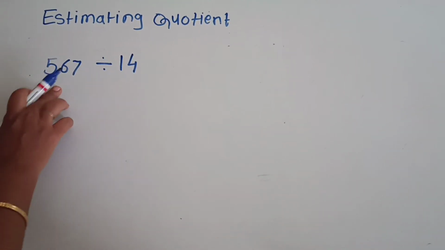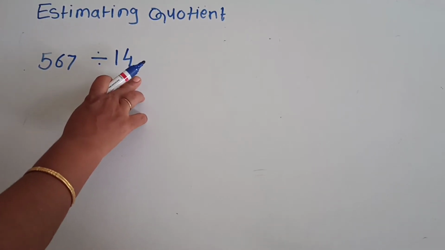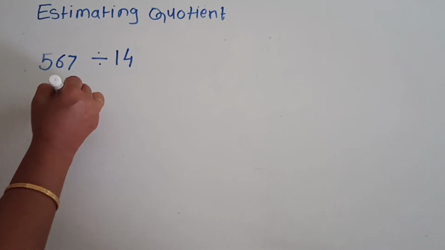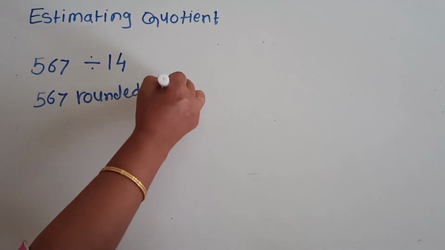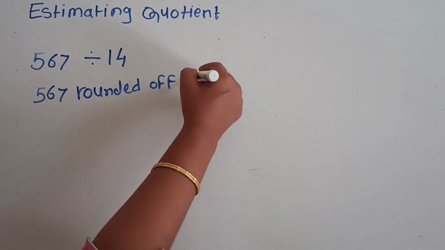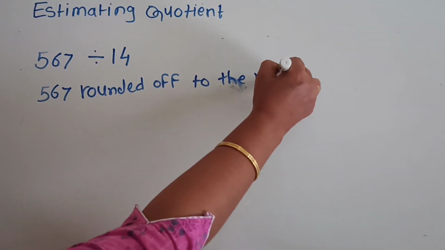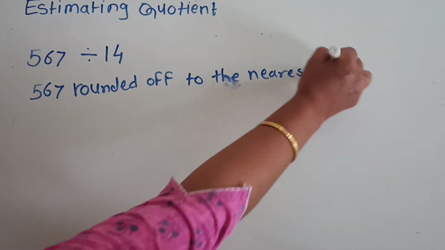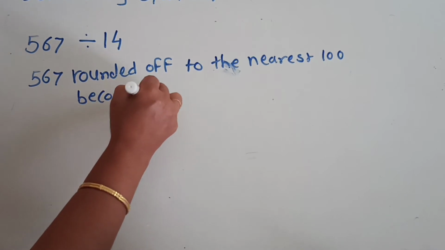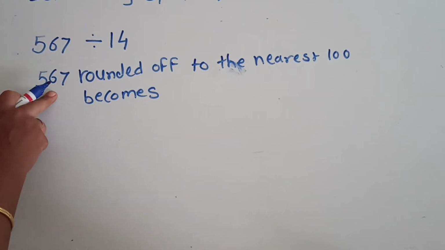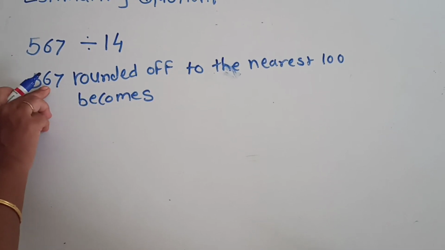Here in this example, 567 is the dividend and 14 is the divisor. So 567 rounded off to the nearest 100 becomes, tell me: nearest 100 means we have to see the tens place number, and the tens place number is 6.